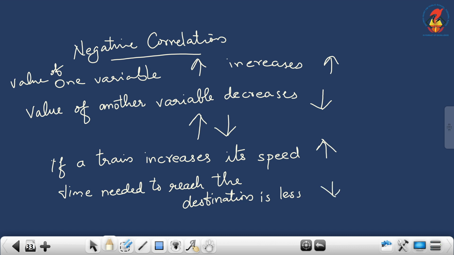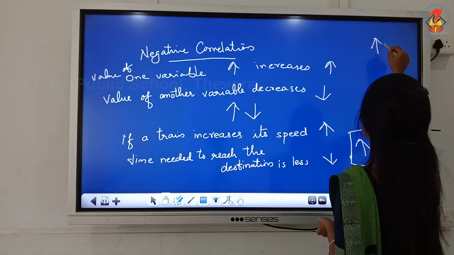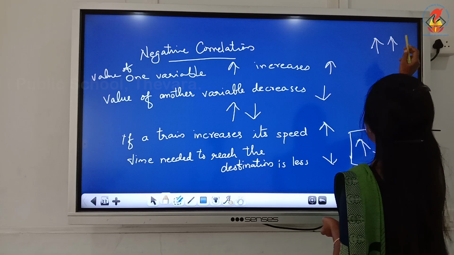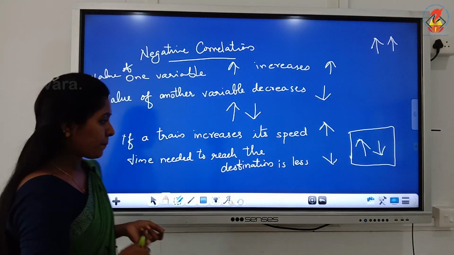See here, if a train increases its speed, then the time needed to reach the destination is less. This is negative correlation. One variable increases and the other variable decreases. And in positive correlation, if one variable increases, the other variable also increases. Both the variables are increasing.